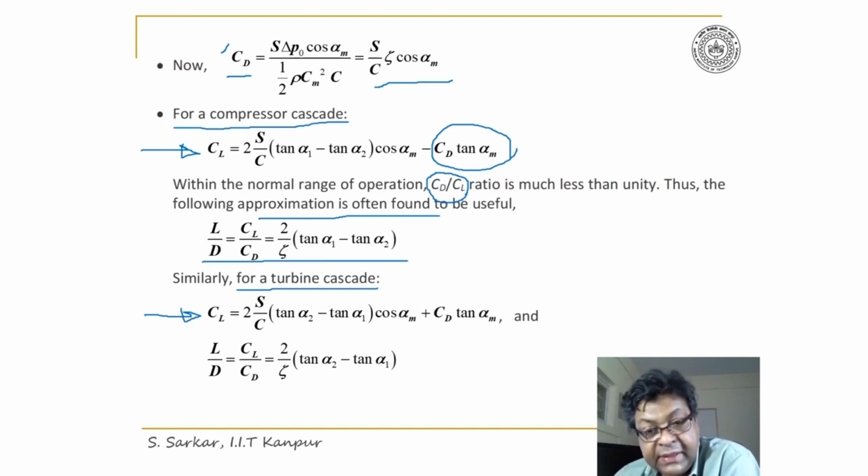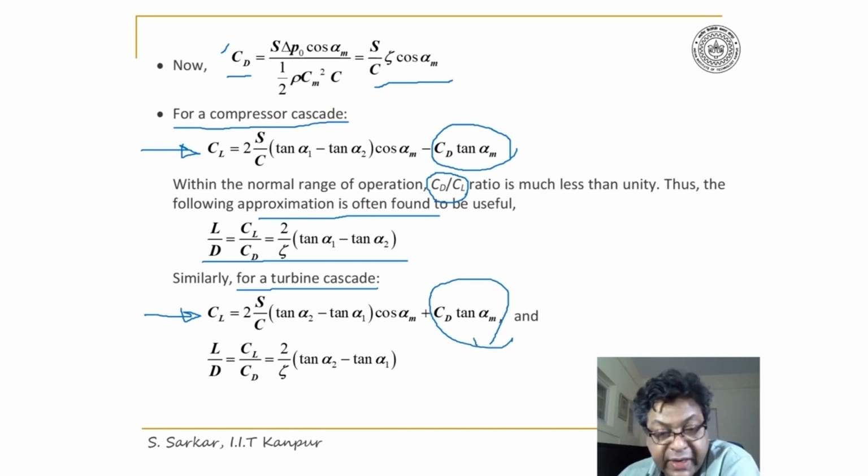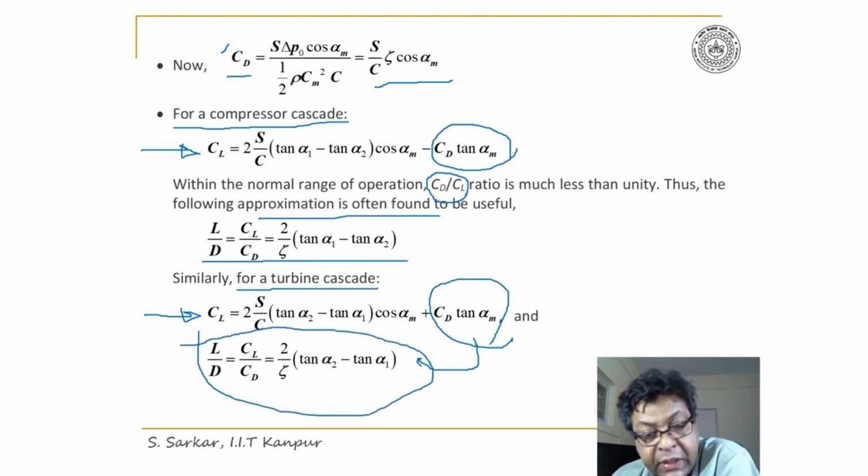While the CD by CL ratio is much smaller than unity, I can neglect the contribution of CD into tan alpha m, and I can express the CL by CD ratio as twice S by C divided by zeta into tan alpha 2 minus tan alpha 1.